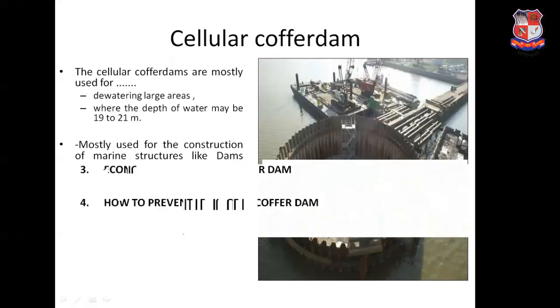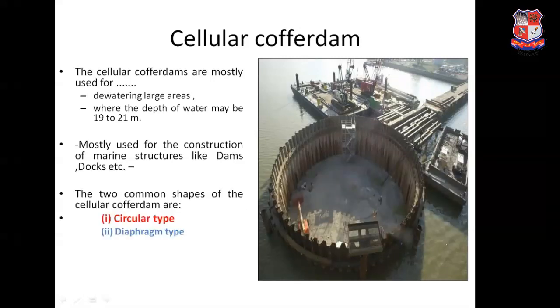The cellular cofferdam, you can see the figure also. The cellular cofferdams are mostly used when it is required to dewater a large area. Means when the scale of the work that is required to be performed below the water level is of large size, we have to enclose a very large area, and in that type of situation, these cellular cofferdams are very suitable.